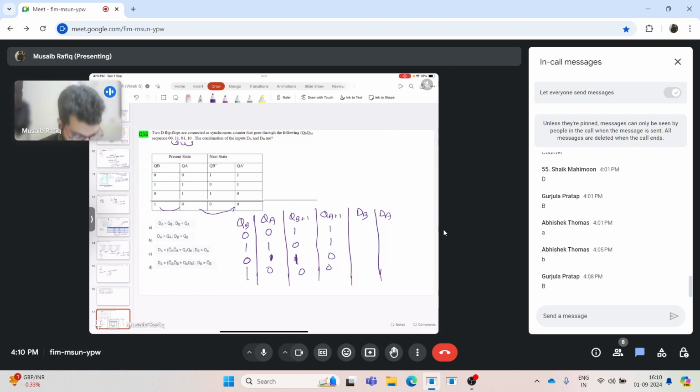Based on this, can you tell me what DB is equal to here? In the earlier questions, you told me that D has the characteristic equation: QB plus 1 equal to DB. So what will DB be equal to here? Look at the table. You should be able to tell me this.